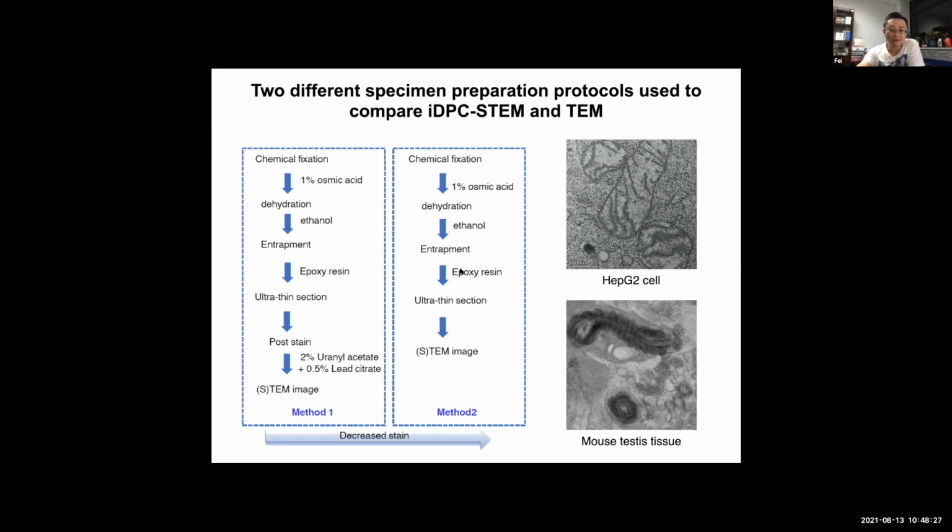We used specimens prepared with these two different protocols to compare iDPC STEM and TEM. Two kinds of samples were used: one is a cell sample, another is a tissue sample.